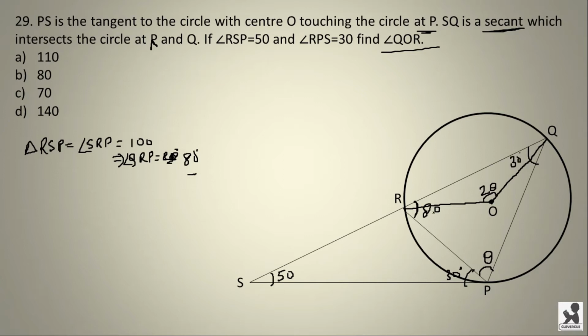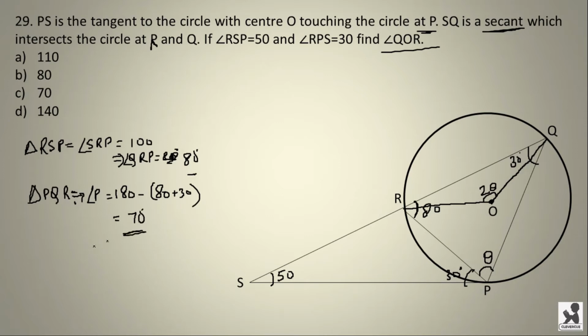Now consider triangle PQR. In triangle PQR, we can find angle P as 180 minus 80 plus 30, that is equal to 70 degrees.